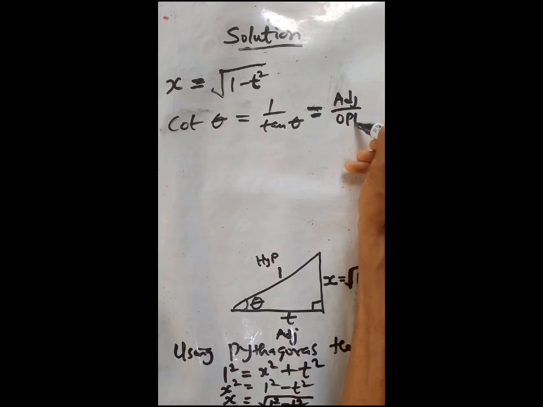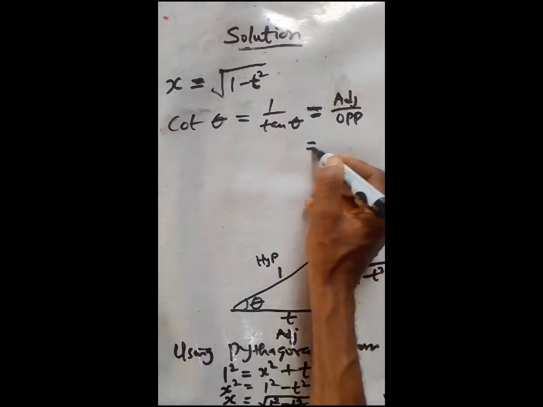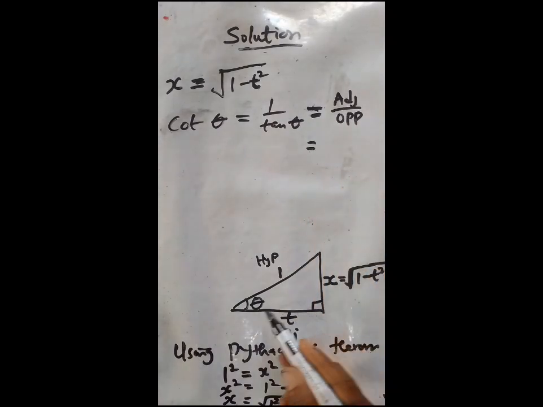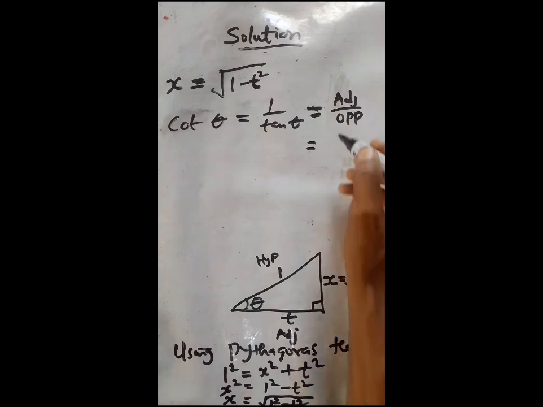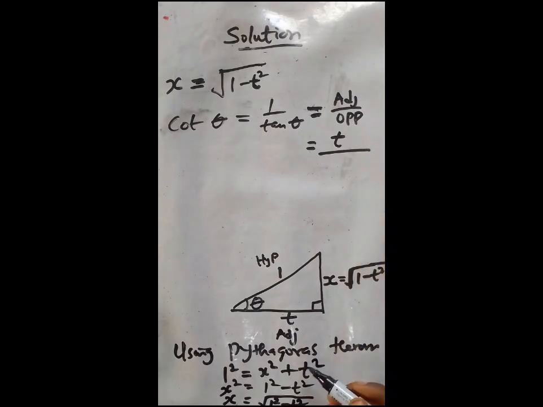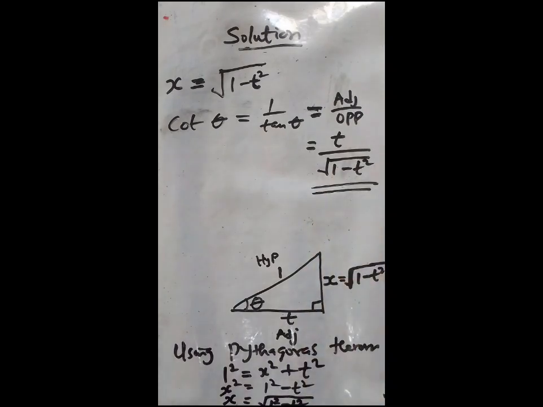The adjacent side is t, and the opposite side is x, the square root of 1 minus t square. So cot theta is t over the square root of 1 minus t square. That is the solution.